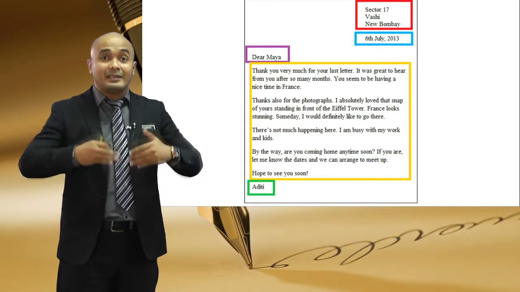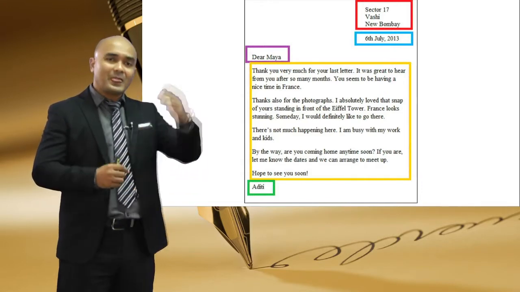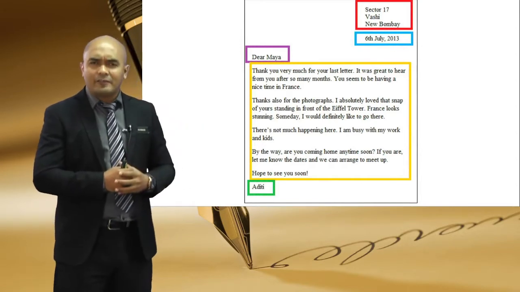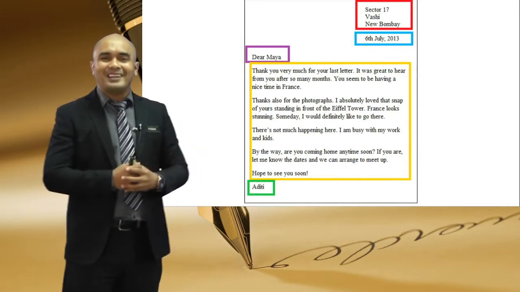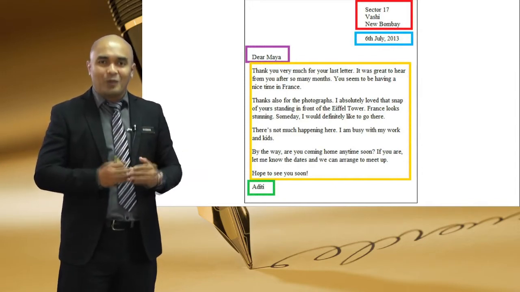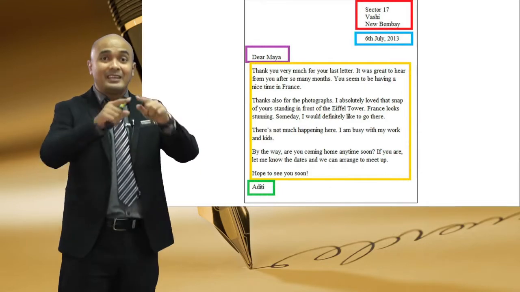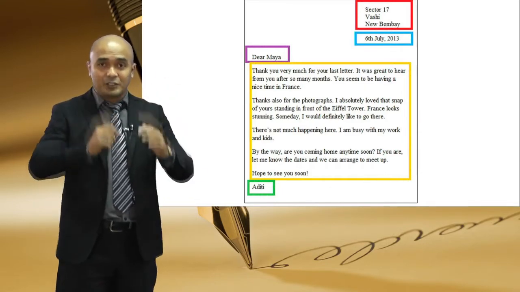Under the address, we have the blue box over there. It is the date. Below it, we have the purple box over there. Dear Maya, we call it the salutation. And then we have the write-up, the essay, the letter itself in the orange box.